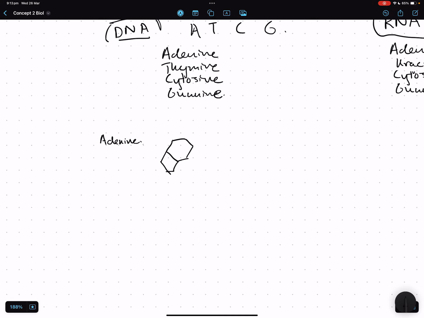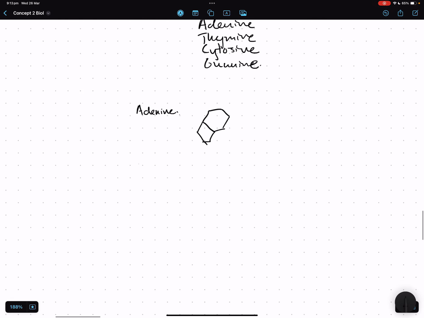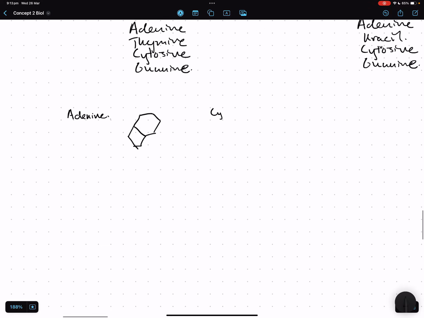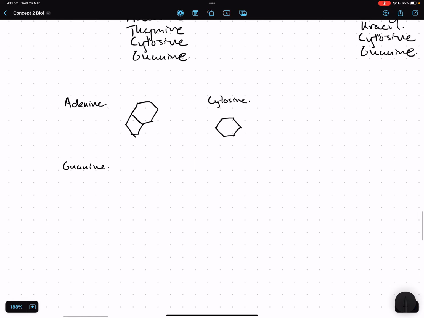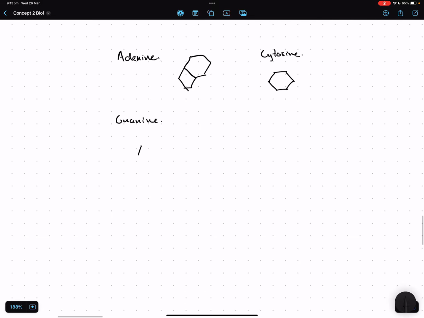And cytosine is just like a normal ring, like that sort of a ring. And then you have guanine. Guanine as well is a double ring thing.